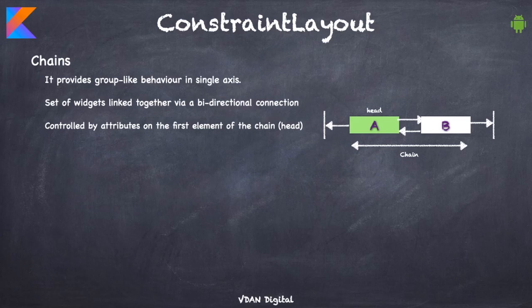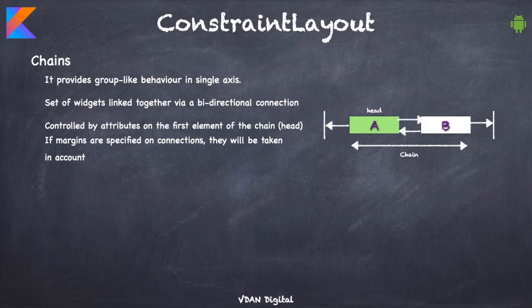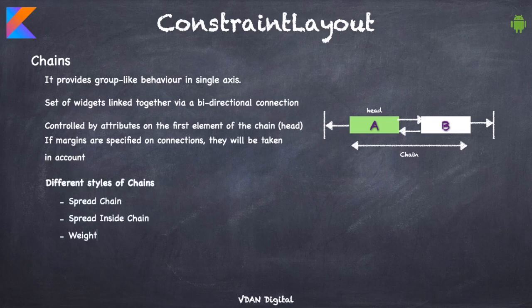It is called head. If margins are specified on connections, they will be taken into account. There are different styles of chains available: a spread chain, spread inside chain, weighted chain, packed chain, packed chain with bias.